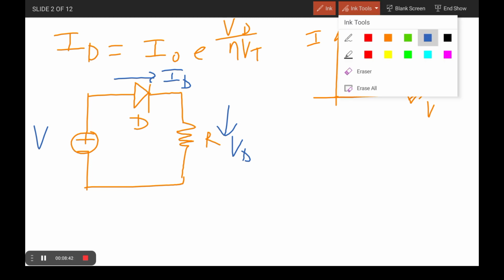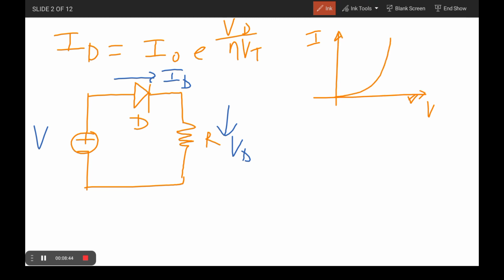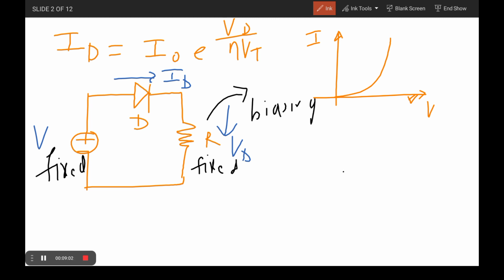So here the scenario is completely different. Suppose the voltage V is fixed, and R is also some fixed resistance. This R is also called a biasing element.